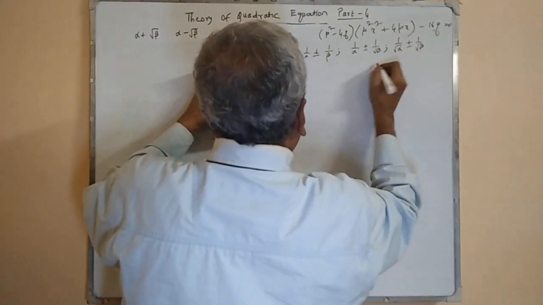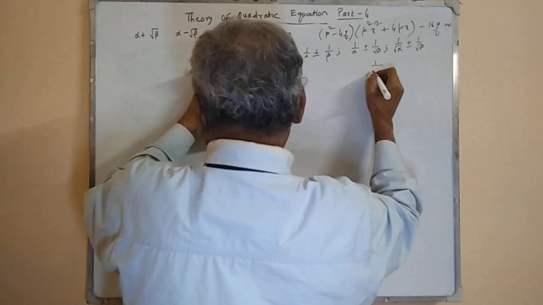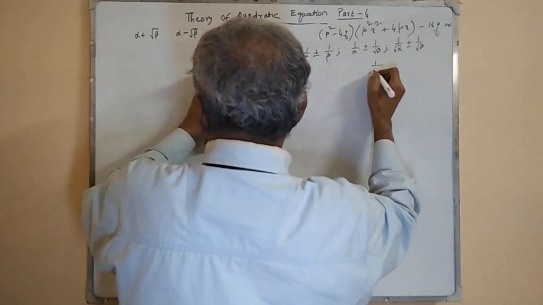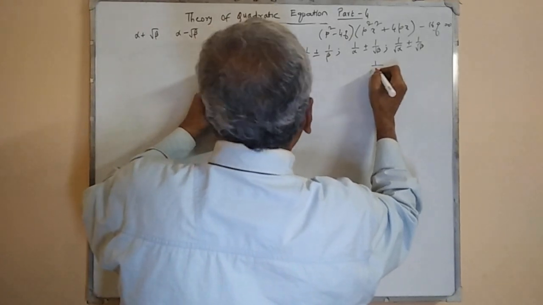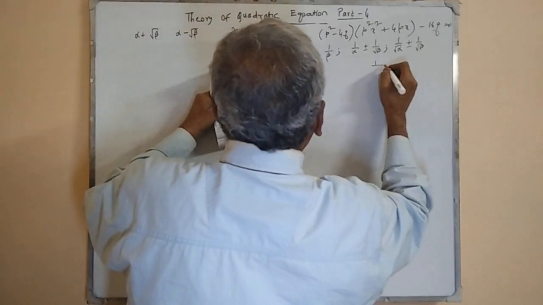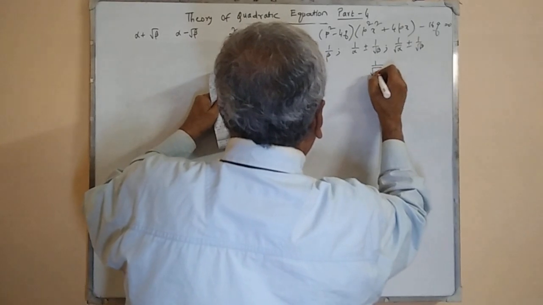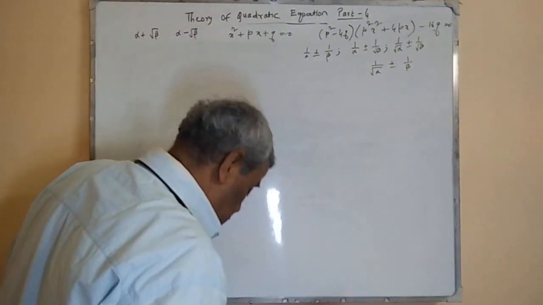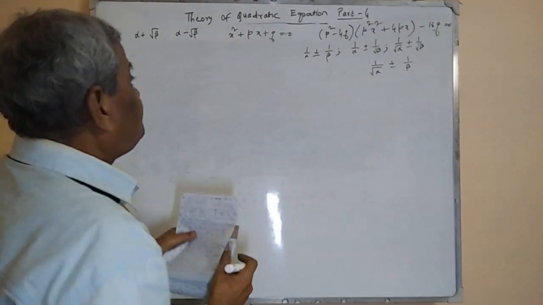Fourth option, 1 by root alpha plus minus 1 by beta. These are the options.